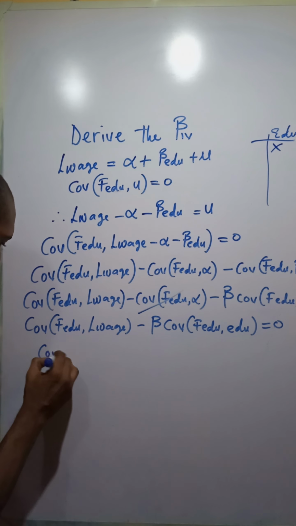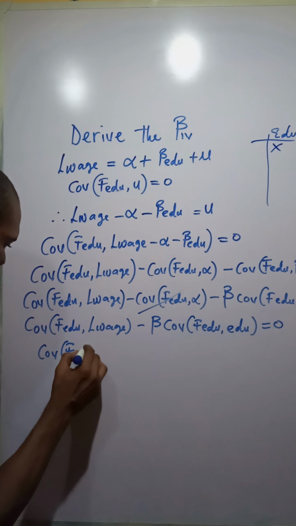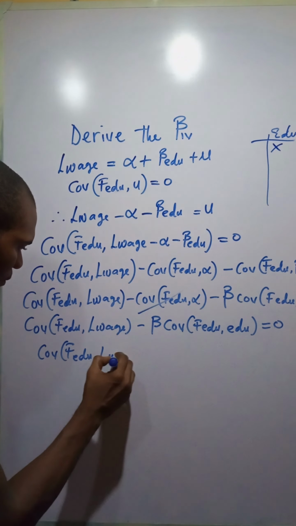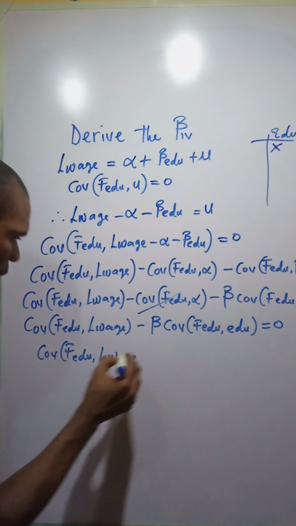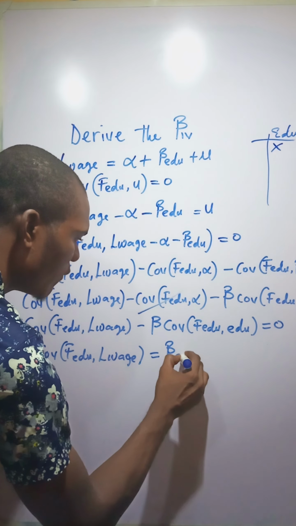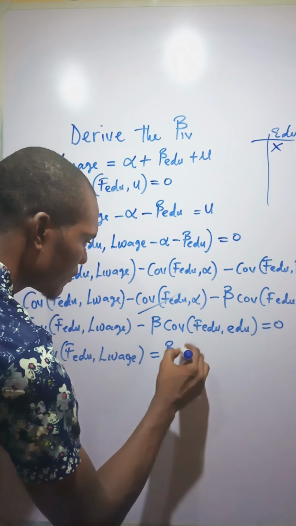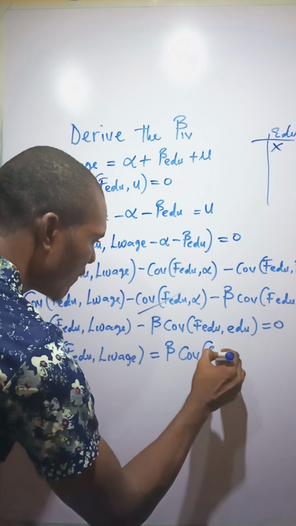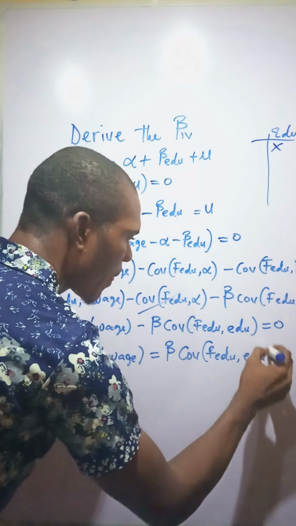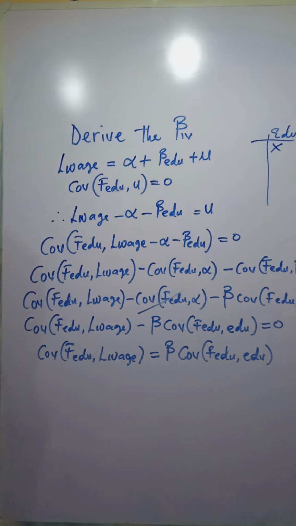So this we have to move to the other side. You have covariance father education labor wage equal to beta covariance father education education.